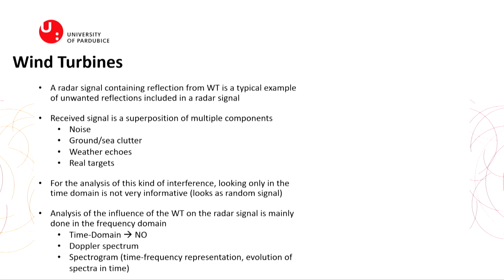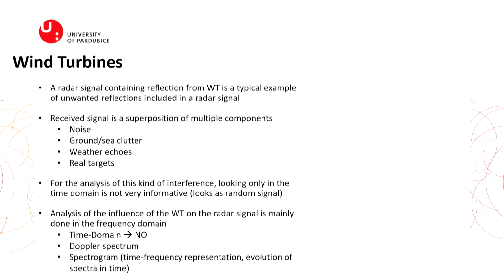And plus, close to wind turbines there will be reflections from the wind turbines. All these things and others you need to remove before you make an exact detection of your target. And of course, you need to remove them in real time. You don't have time to make some analysis.